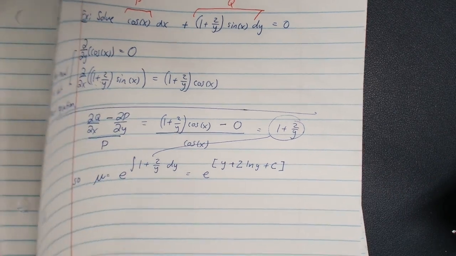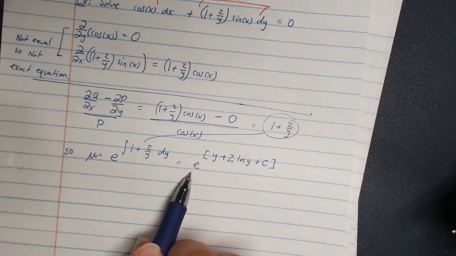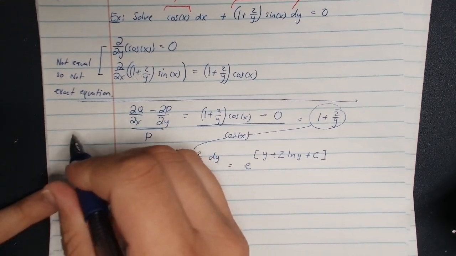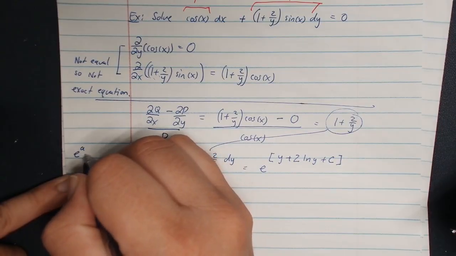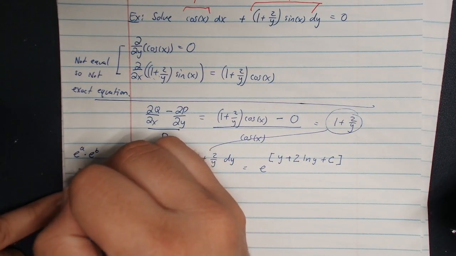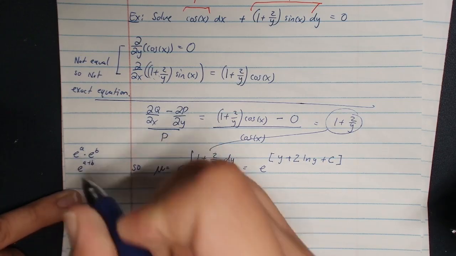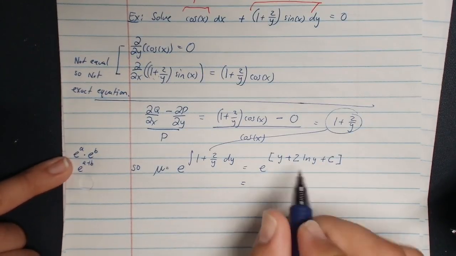All right, so now the way exponents work, you may remember that if you have something like e to the a times e to the b, you multiply two things that have the same base by adding their powers. Well, that's what you have here. You have the sum of powers, so you can separate that as a product.